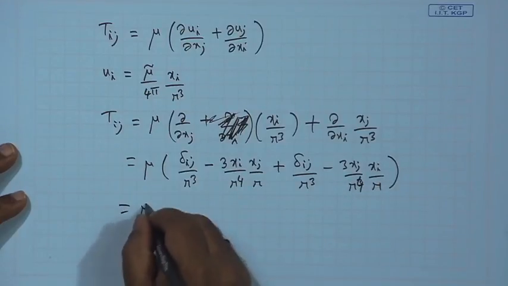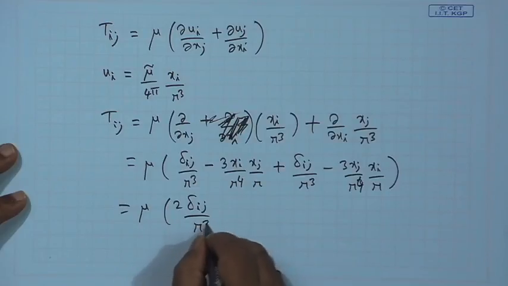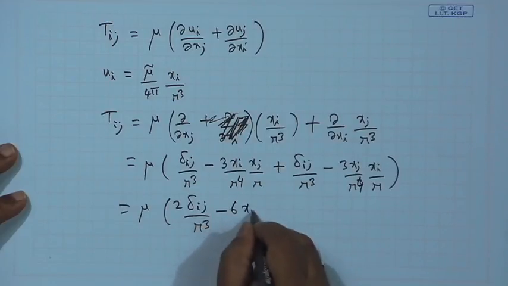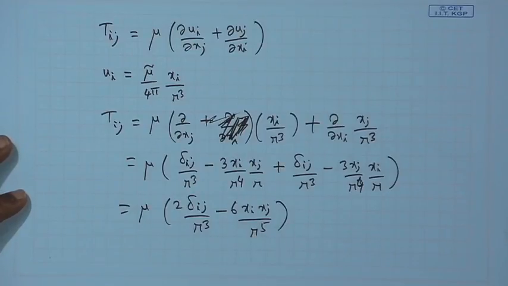So, what we get, the corresponding stress is 2 delta_ij by r cube minus 6. Okay. So, it is very easy to calculate the corresponding stress.